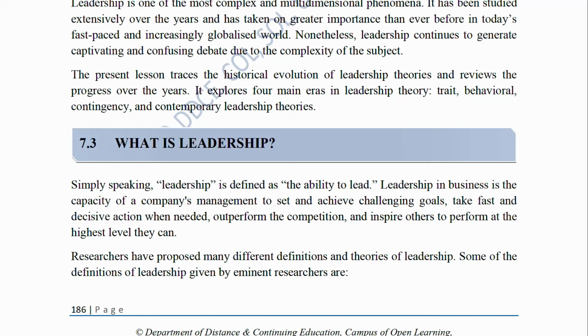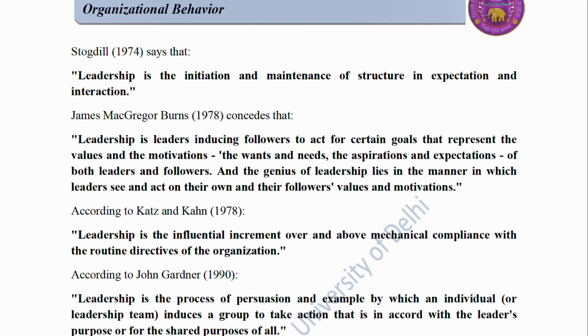Researchers have proposed many different definitions and theories of leadership. Some of the definitions of leadership given by eminent researchers are: Stogdill 1974 says that leadership is the initiation and maintenance of structure in expectation and interaction.